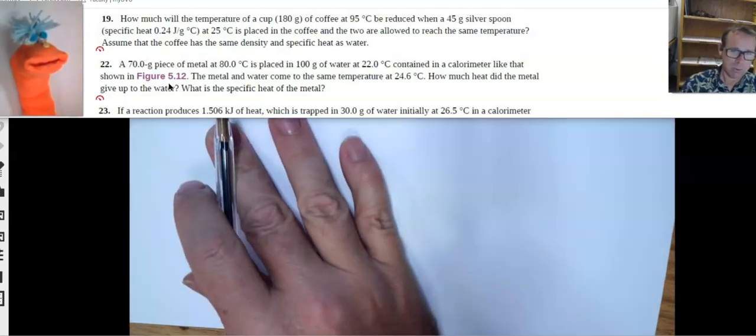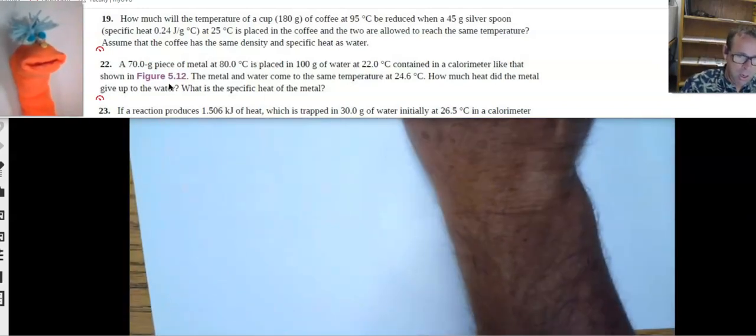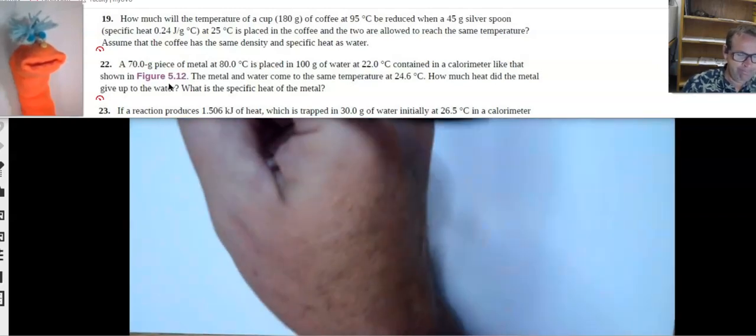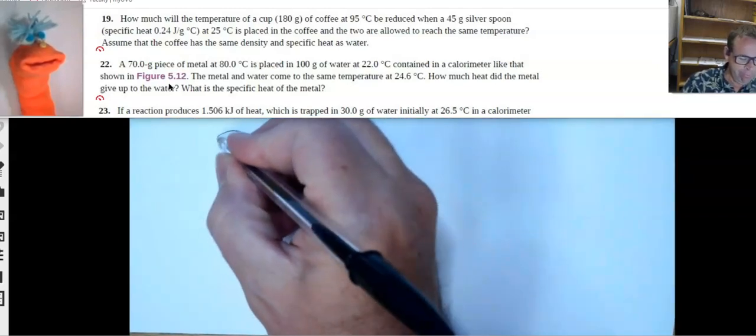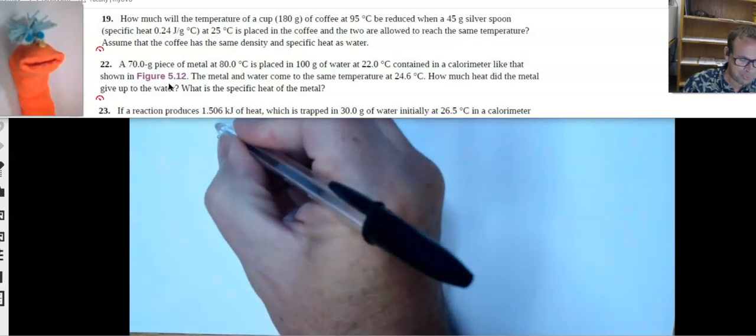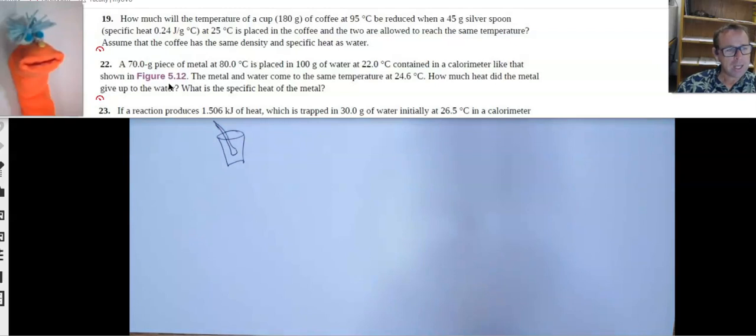Okay, so let's see if we can figure this out, all right? We've got a coffee cup. It's hot. We put a spoon in there, right? And the spoon at 25 degrees Celsius, it heats up, all right? The two are allowed to reach the same temperature. Assume the coffee cup has the same density as water.